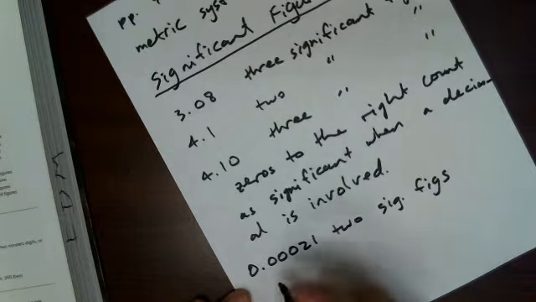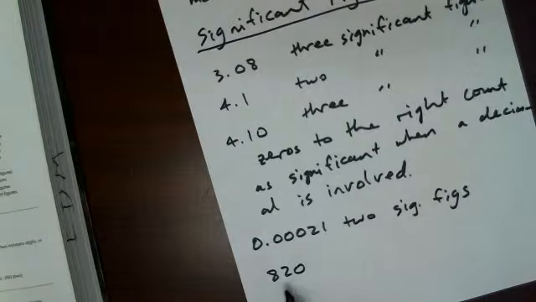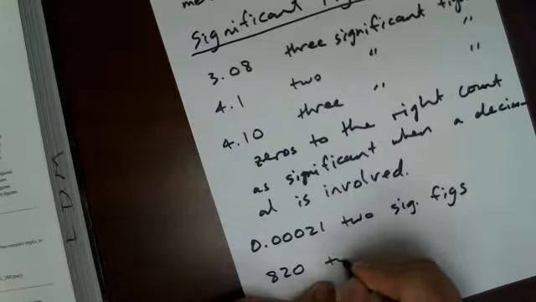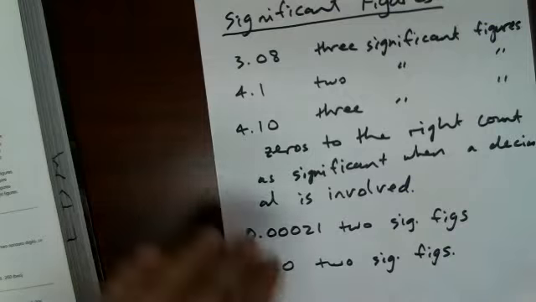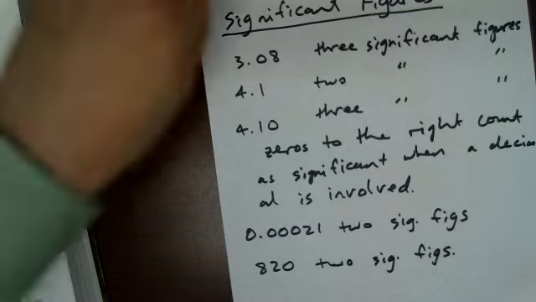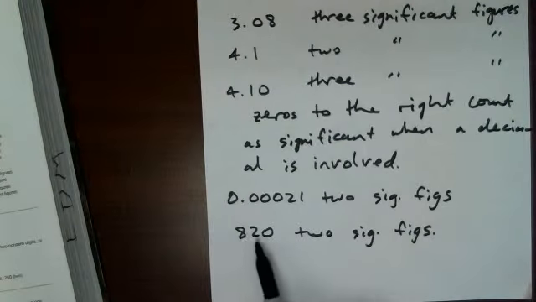Also, if we have, say, 820, now you might say, well, that's 3 sig figs because you've got zeros to the right, but there's no decimal place involved. So this is only 2 sig figs as well. The reason is that in common day usage, often people will drop the last place when they're not very accurate with it. For instance, say you bought a loaf of bread that said 820 grams. If you put it on a pretty accurate scale, it wouldn't weigh exactly 820.